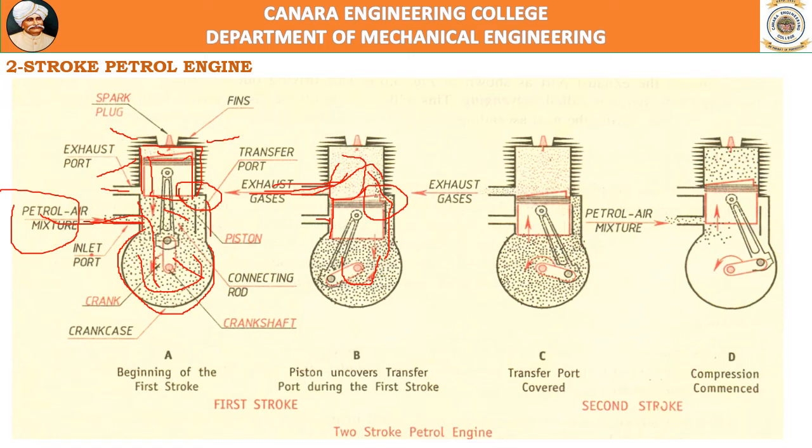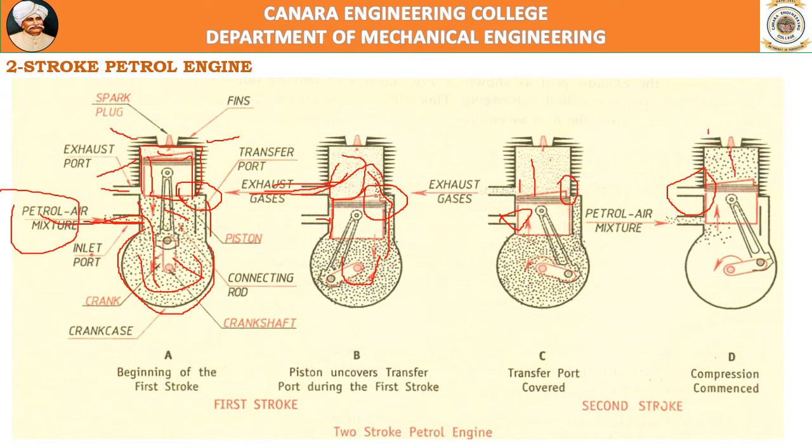Next, in this diagram, the transfer port is closed, the inlet port is closed, the exhaust port is opened, and then compression starts. Now all the ports are closed and the air fuel mixture is compressed.